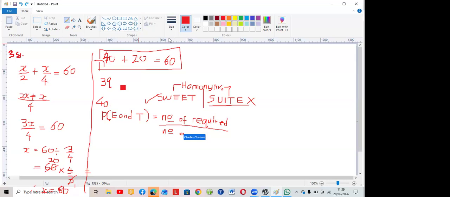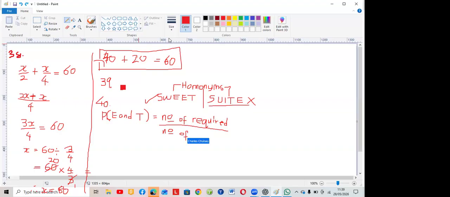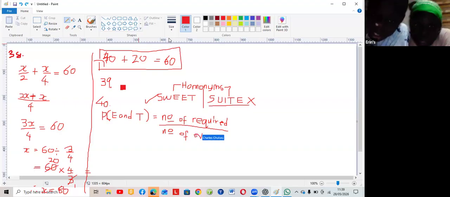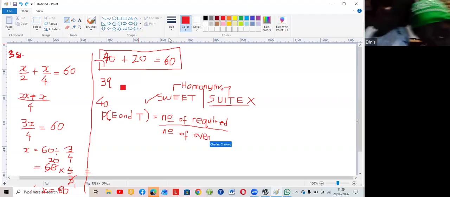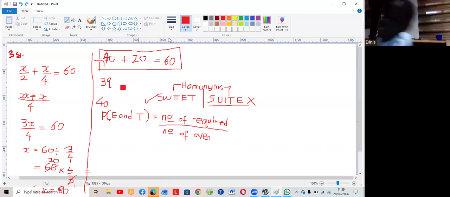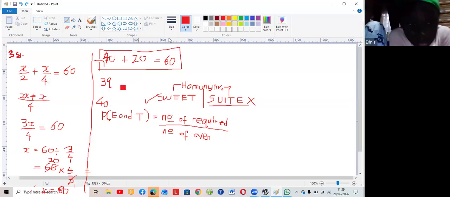Okay, so now what is the number of required events in this particular question? Yes, Faith. The number required is T, and number possible is A. I don't agree. Let me ask the question this way.